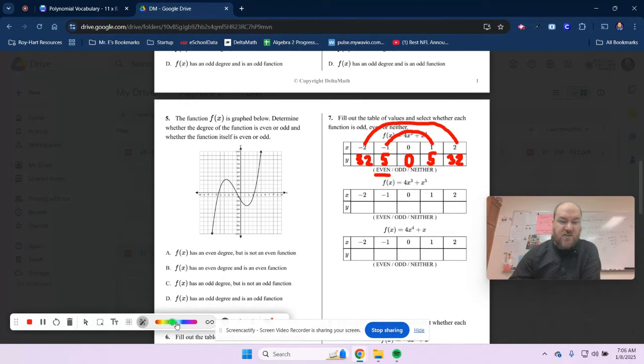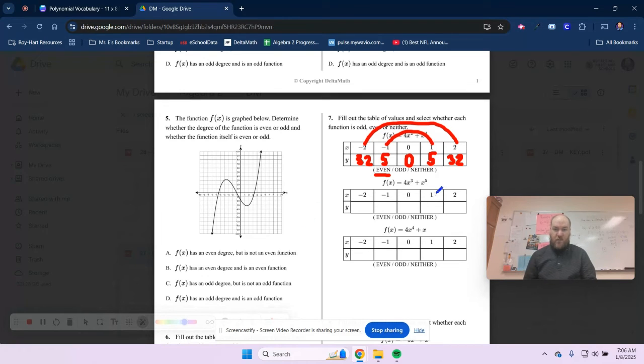All right, now let's try the second one. 4x to the 3rd plus x to the 5th. And when I plug in these values, I get -64, -5, 0, 5, and 64.